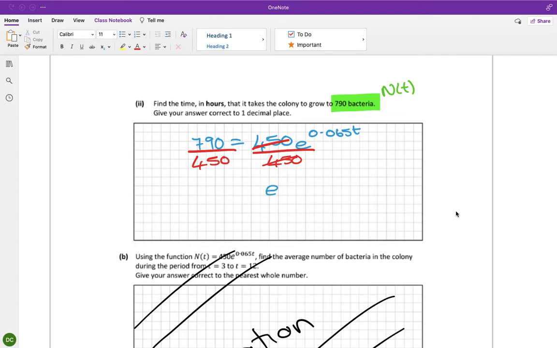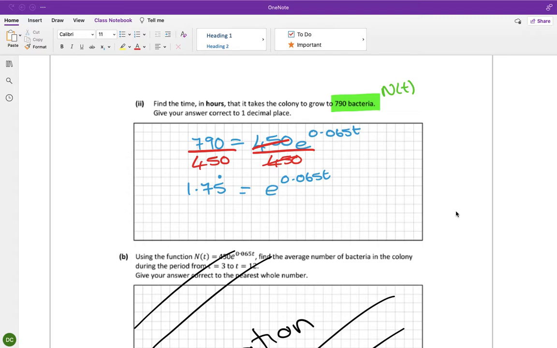So that gives us e to the 0.065 t equals 790 divided by 450, which is 1.75 recurring. I'm going to keep the recurring. I can't solve this because the t is in the power, so if you can't solve an index, you switch to logs.